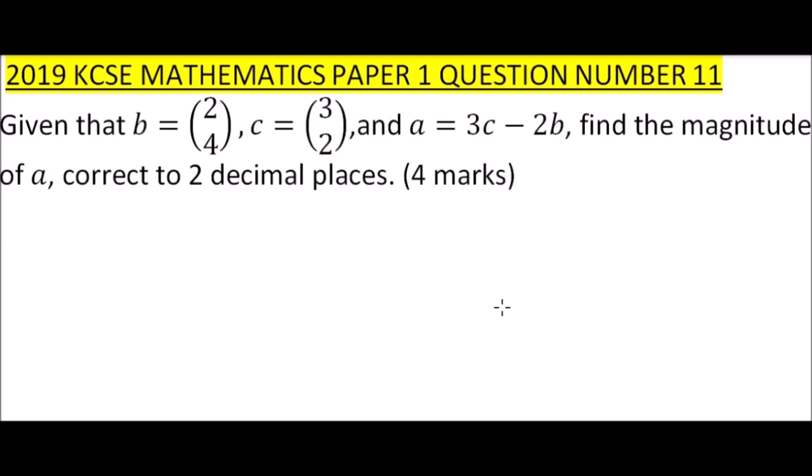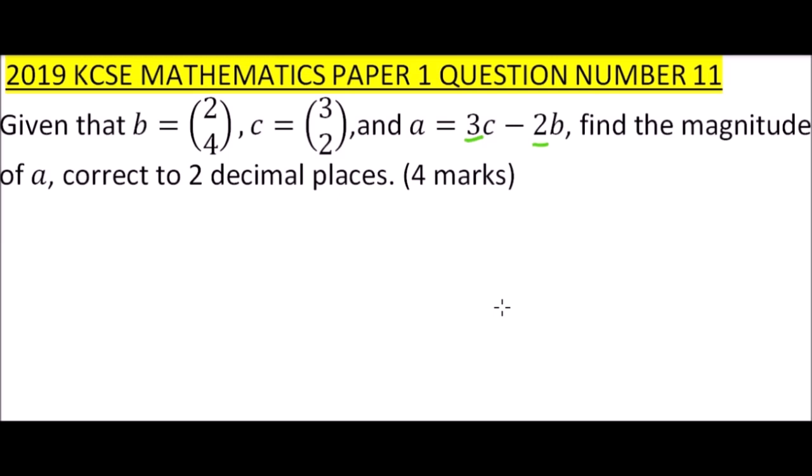So you must be in a position to subtract column vectors. These are called scalars. So you multiply the column vector C with the scalar 3. 2 is also a scalar. You multiply B. Then from there, do you know how to find the magnitude of a column vector? So that's what you should know.